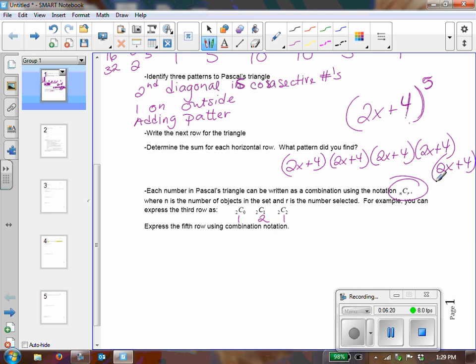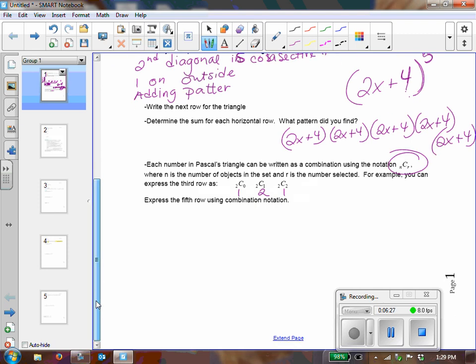A question on the provincial exam was, how does Pascal's triangle relate to the binomial theorem? That was on lesson exam number 2, I think, of the new curriculum. Express the fifth row using combination notation. First of all, let's talk about how many terms are in the fifth row.